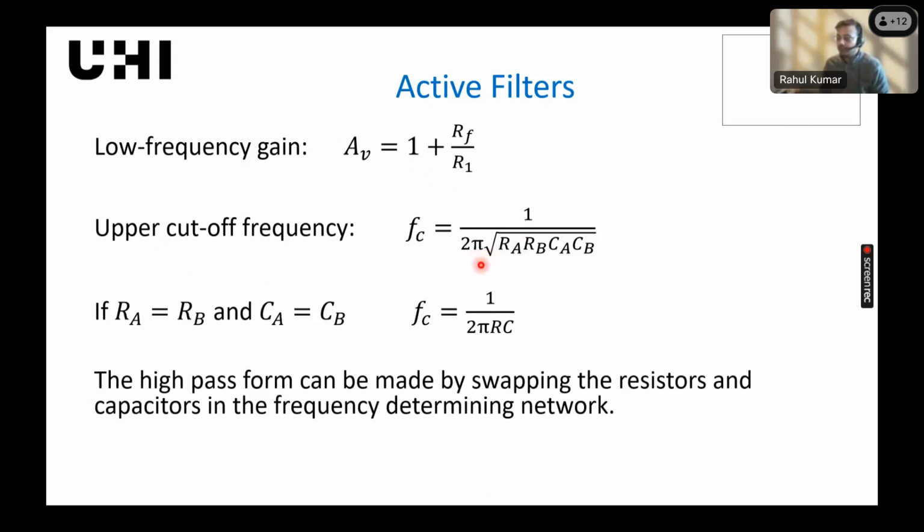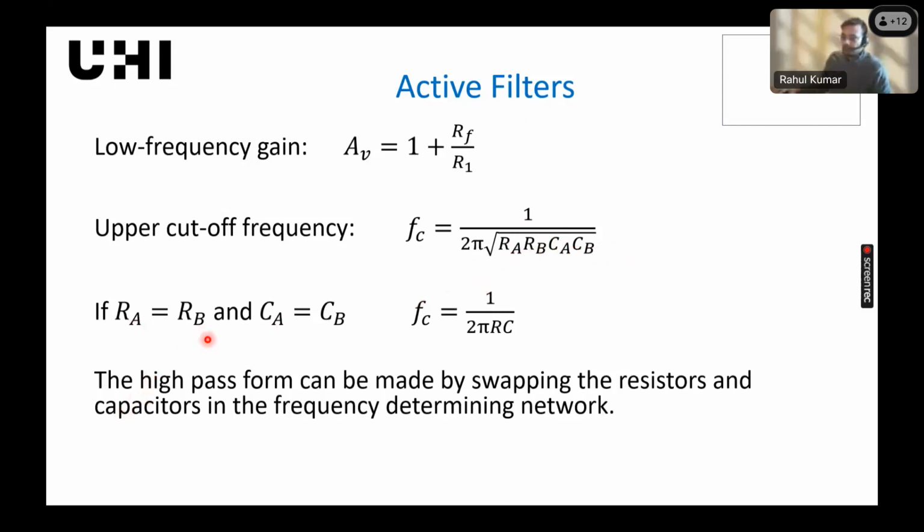It's 1 over 2 pi RC. Previously for single pole it was RC, but for a two pole filter circuit or a second order filter circuit, it's 1 over 2 pi square root of RA, RB, CA, CB, all the resistances and capacitances multiplied together.